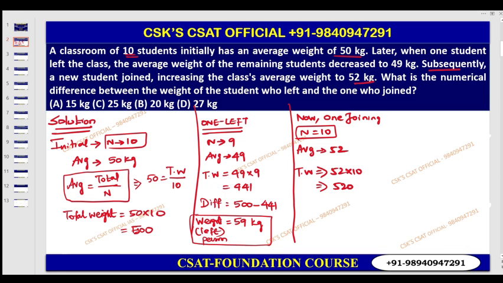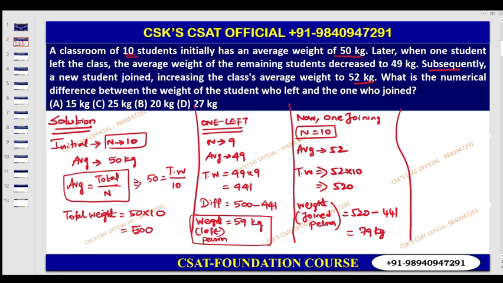Right. So you have to check here. So therefore you can easily find out the weight of the newly joined person. How? This total weight minus the weight of those 9 students. Weight of the 9 students is nothing but 441. Then it becomes 79 kg.